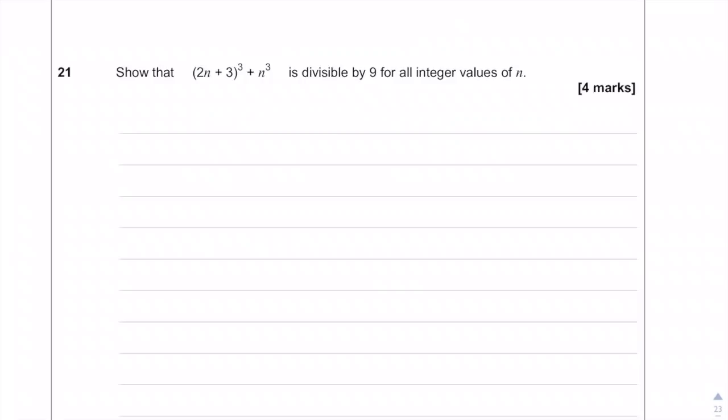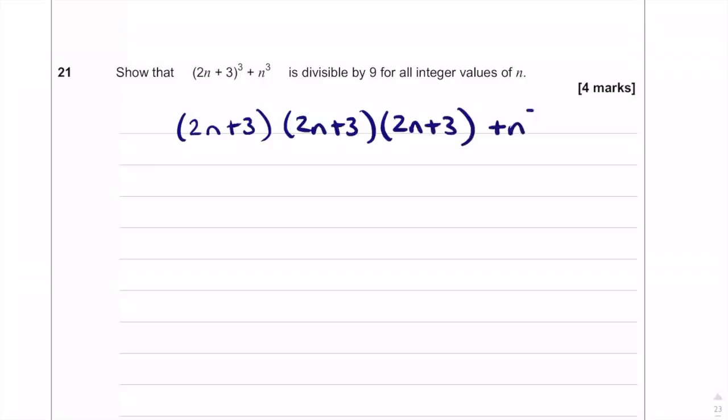Question 21. Show that (2n plus 3) all cubed plus n cubed is divisible by 9 for all integer values of n. So first we need to expand the bracket (2n plus 3) all cubed. That's the same as saying 2n plus 3 multiplied by 2n plus 3 multiplied by 2n plus 3, plus the n cubed. We expand two of these brackets.